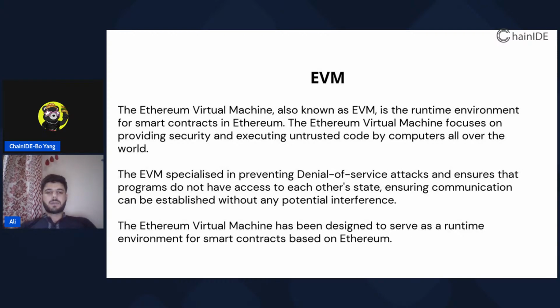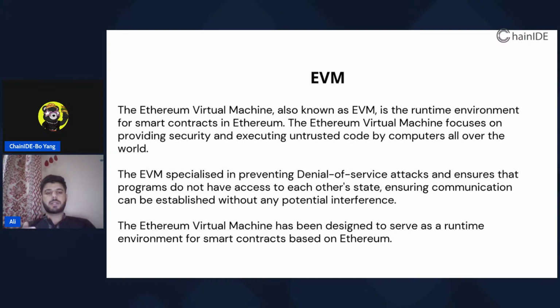So we will talk about EVM. Blockchains are EVM supported. All the code is executed by the EVM. The Ethereum virtual machine, also known as EVM, is a runtime environment for smart contracts.